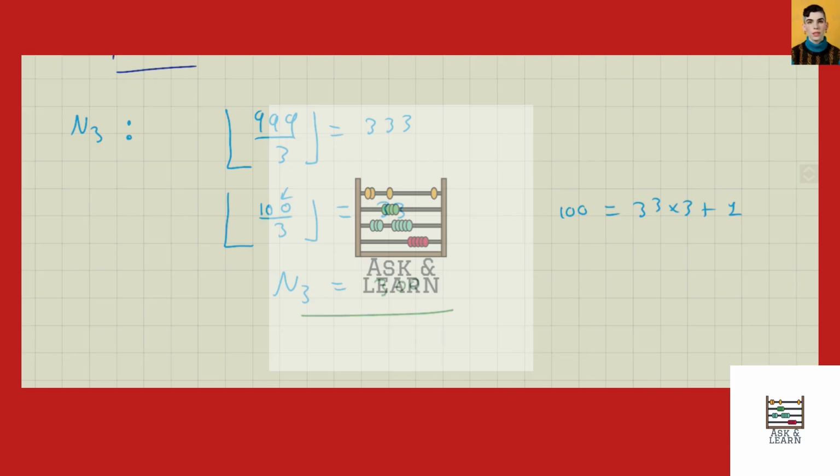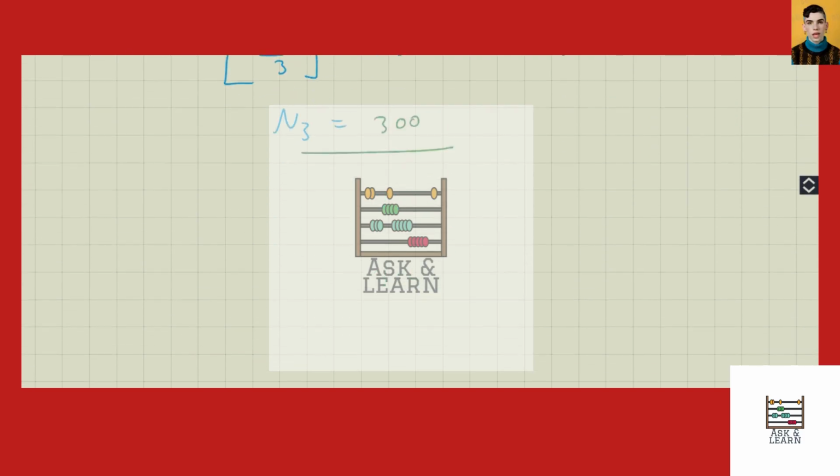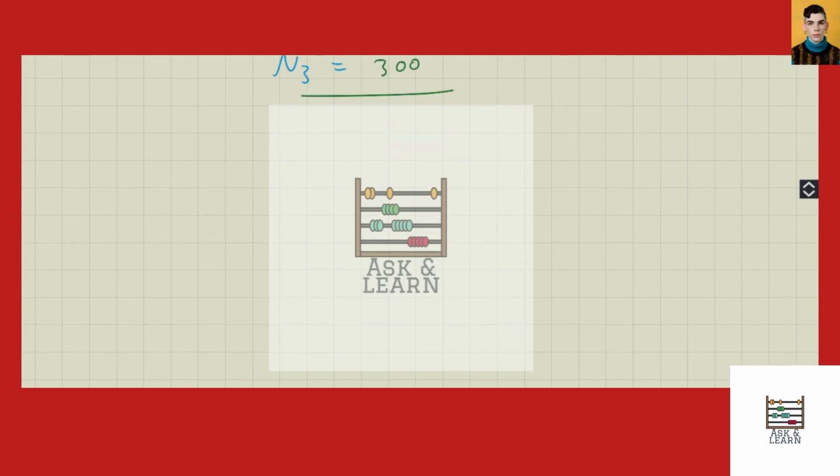Okay, and now we need to calculate the intersection, that means those numbers that are divisible by 3 and 4. When you want to know which integers are divisible by two numbers, you need to find those numbers that are divisible by 12, that is the multiplication of 3 with 4.